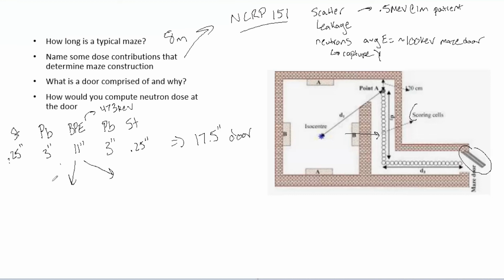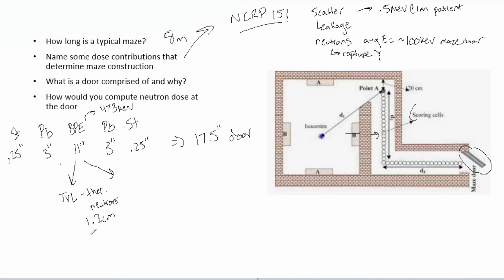So for the TVL, let's talk about the BPE. So for a neutron, TVL in BPE, and now this is for thermalized neutrons, which is what we're going to be getting after this lead piece here, we're looking at 1.2 cm for that TVL.